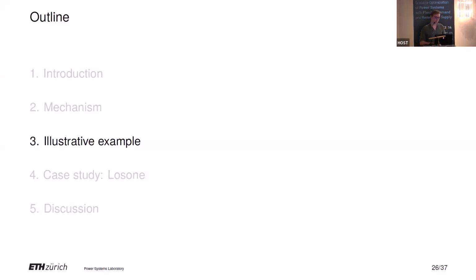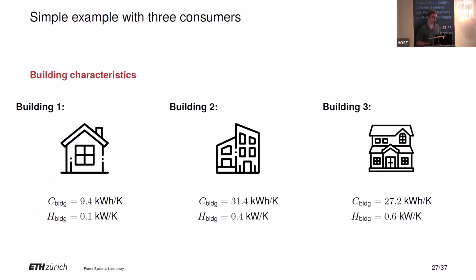All right. So with this, I'm going to show a little bit of an illustrative example that I think can help to see what we have in mind. Let's say we have simply three buildings with different characteristics and an aggregator or a DSO that wants to control them.